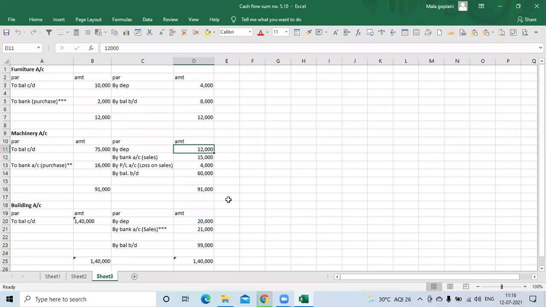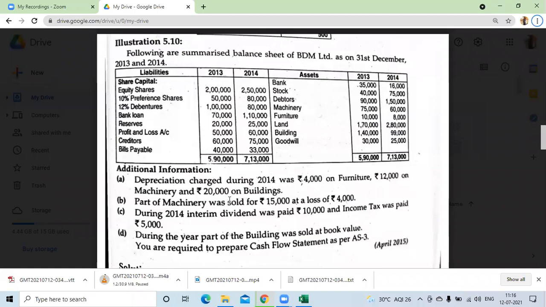Write down by bank account bracket sales. Cash comes in, machinery goes out. Therefore, by bank account, since it is a nominal account that says debit what comes in. Cash comes in, therefore we have to debit bank account. So by bank account bracket sales. How much is the machinery sold for?